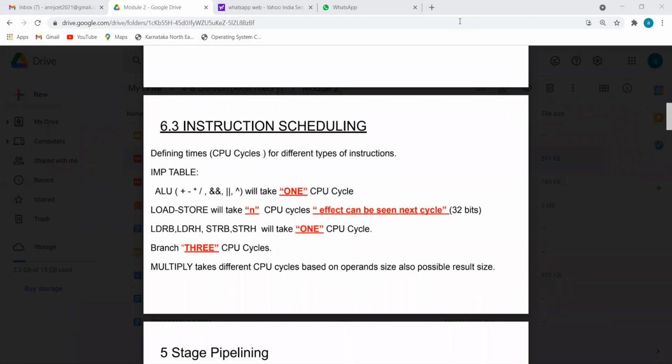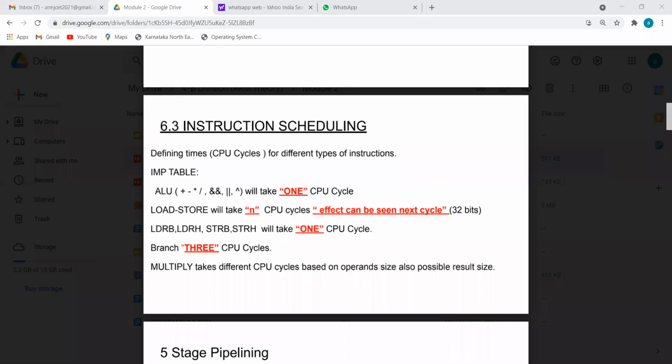Can anybody remember different versions of load and store? What are the remaining load and store subcategories? Let me type them so that you can recall. LDM, that means load multiple. STM, even LDR and STR with no suffixes, like LDRB or LDRH, STRB or STRH.